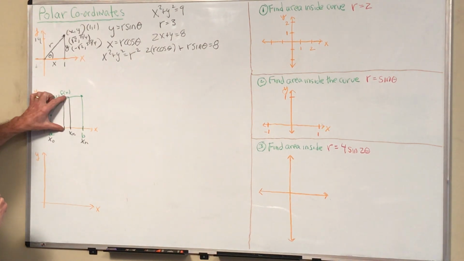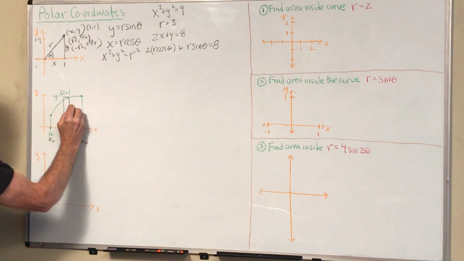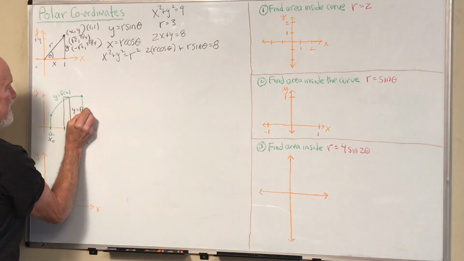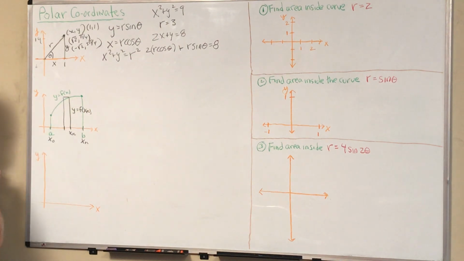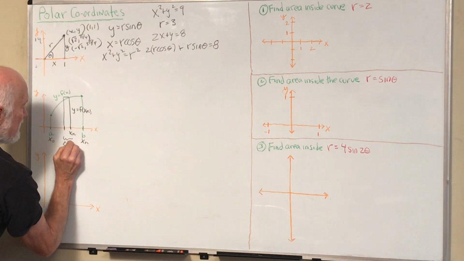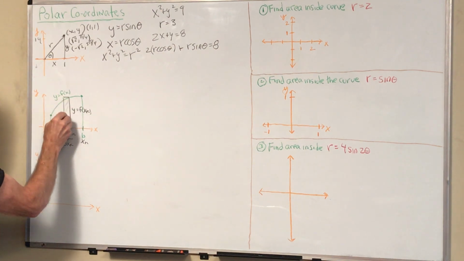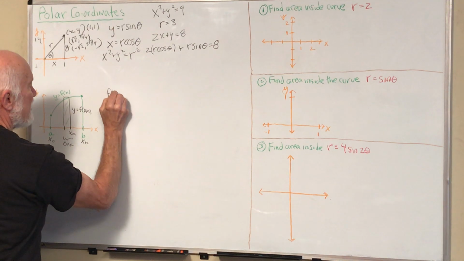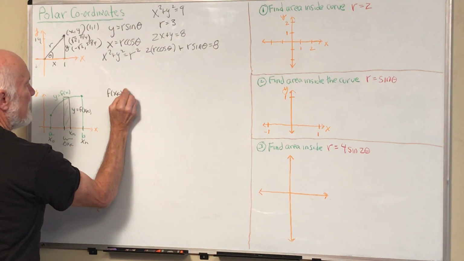And the height of that rectangle, you could call it y, or you could call it f of x sub k. In the width, we call this delta x sub k. So the area of that rectangle was f of x sub k delta x sub k.